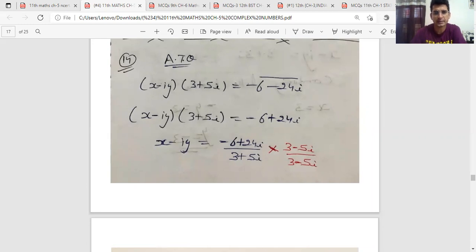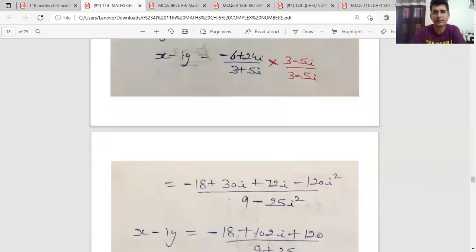While rationalizing, in the denominator we have to multiply numerator and denominator by 3 minus 5 iota. So we will have -6 into 3, that is -18, minus minus plus, -6 into -5, that is plus 30 iota. 24 into 3, 72 iota, plus minus minus 24 into 5, 120 iota square.